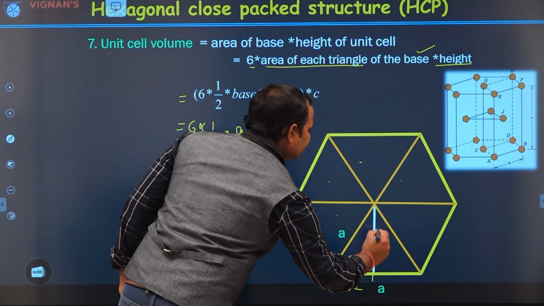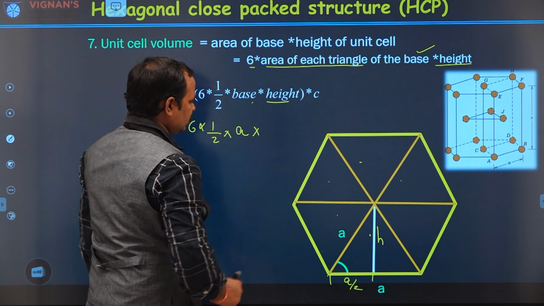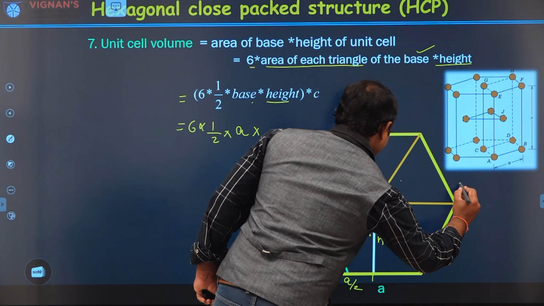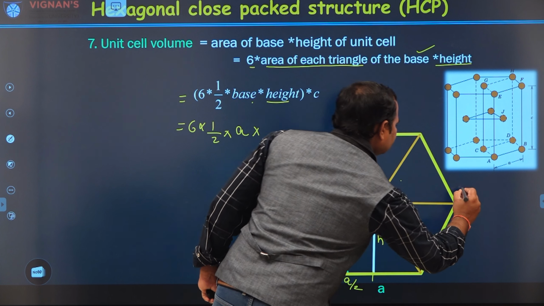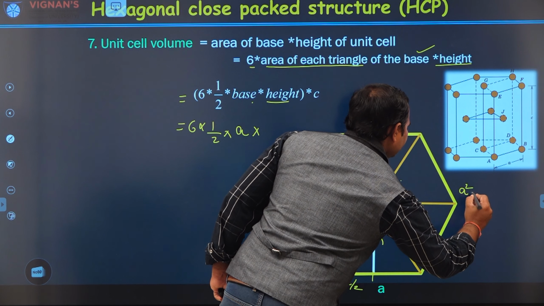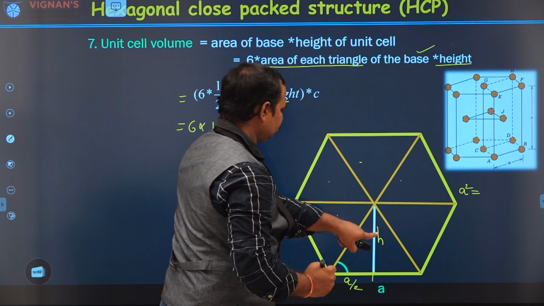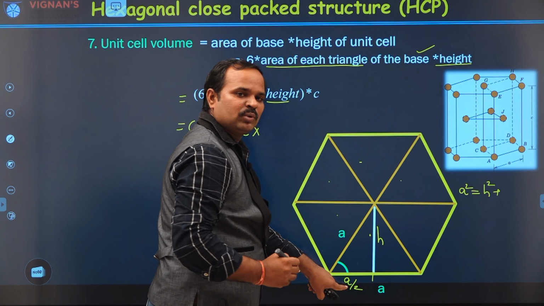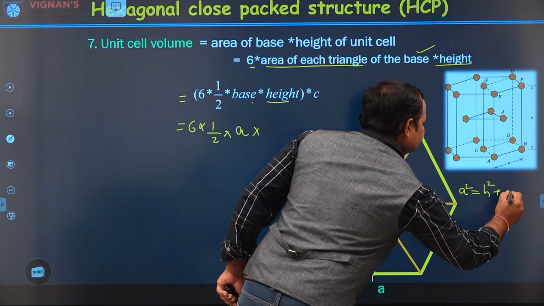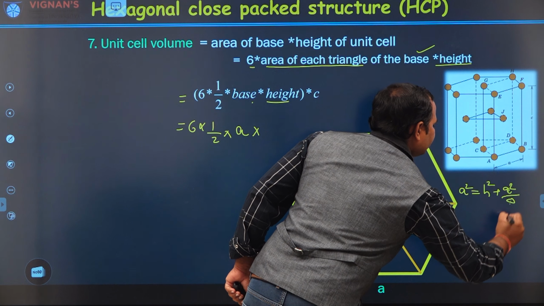We don't know the height. Let's consider this is the height, H. Now from here, we can write, this is a right angle triangle, so we can apply Pythagoras theorem. Then hypotenuse square A square is equal to the side square H square plus, this is the one more side, A by 2, A square by 4.